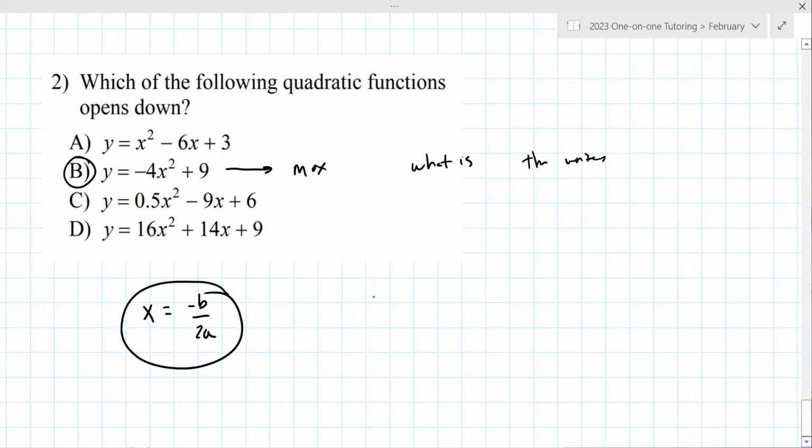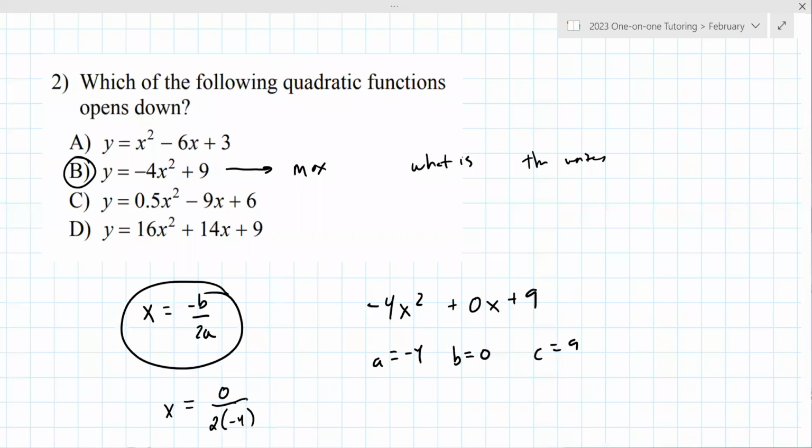So what is B? Be careful there. This is why we're doing this. There's no x term, so b is 0. So then 0 over 2 times -4. 0 divided by -8 is still 0.